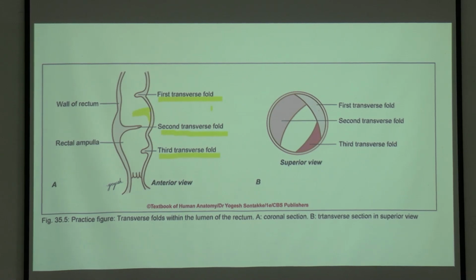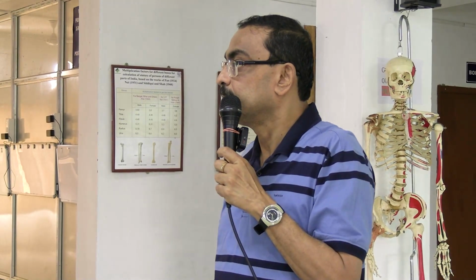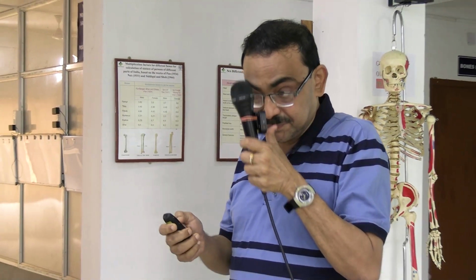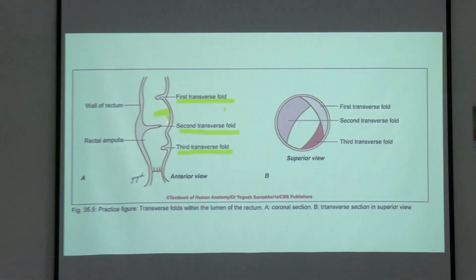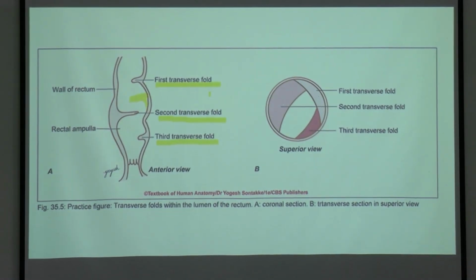Now, what is the importance of the second fold? The second fold is very important, which is called the Nélaton sphincter, because it holds the feces, fecal matter.